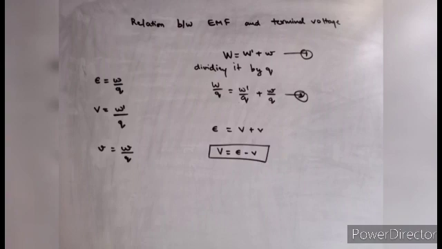Your W dash upon Q is your V, which is your terminal voltage, and small v will be small w upon Q. So basically it becomes E equal to capital V plus small v, that is, capital V, which is your terminal voltage, will be equal to E minus small v, and E is your EMF. So this is your relation.